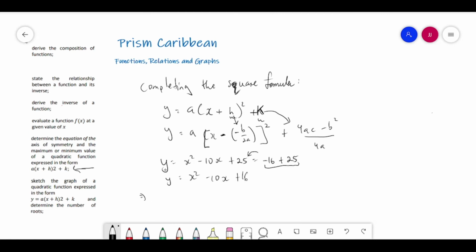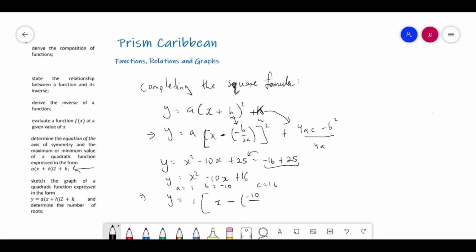And when we input it inside this formula, we will have y is equal to, a is equal to 1, b is equal to negative 10, and c is equal to 16, of course. We will have a, which in this case will be 1, into x minus b over 2a, which will be negative 10.